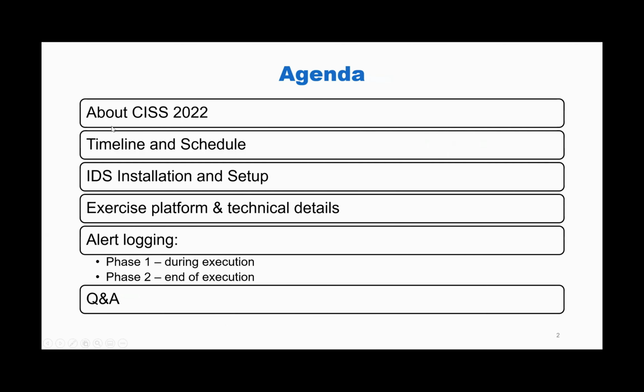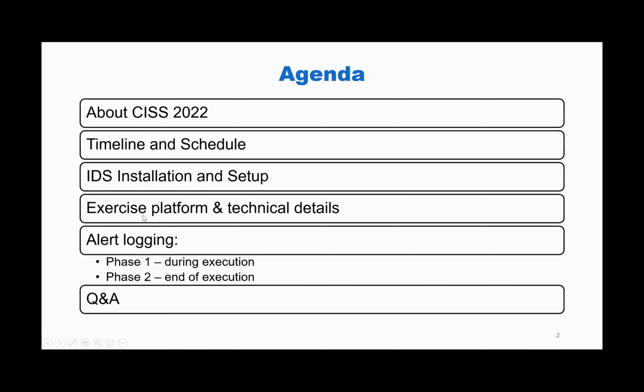I'll go through a brief overview about this year's version of CISS. Then we'll go through the timeline and schedule. Then we'll cover the brief steps that will entail all the installation as well as setup steps, which will involve physical installation as well as the digital installation in the test beds that we will use for CISS.